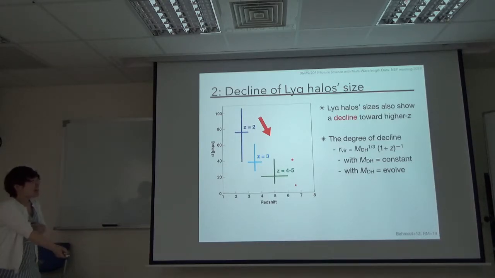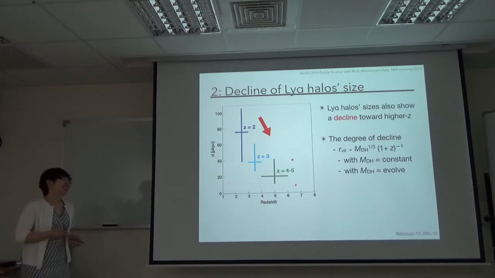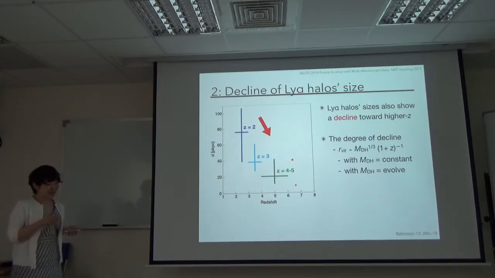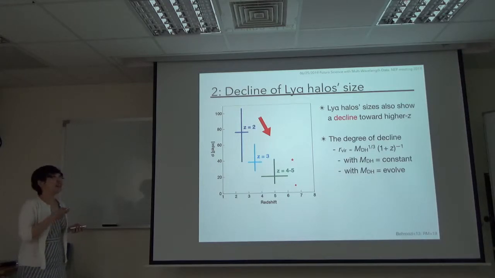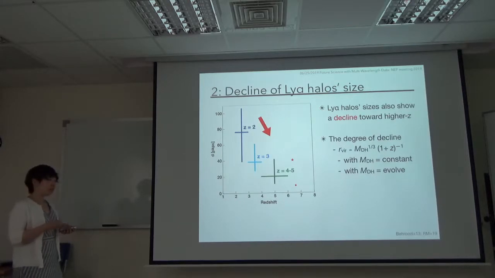And what I showed was the Lyman alpha halo. What I did was combine all available data in the literature. We analyzed the surface brightness profile and evaluated the size changes of Lyman halos as a function of redshift.